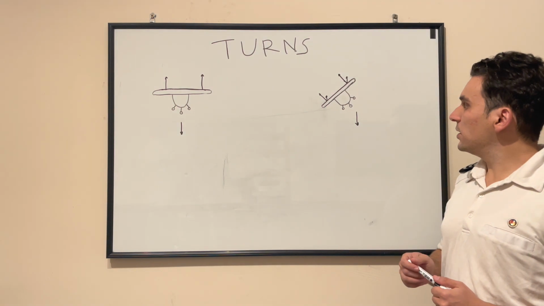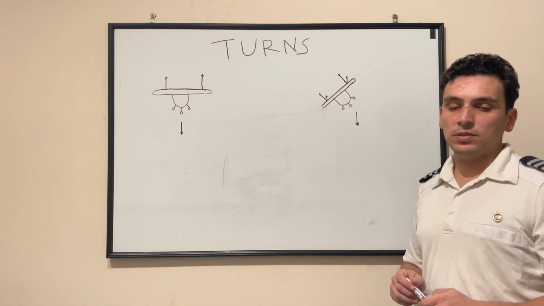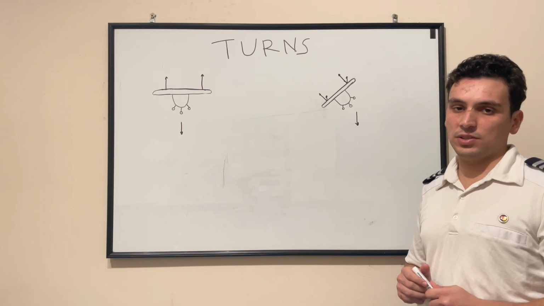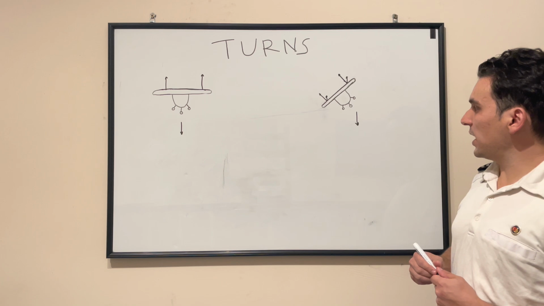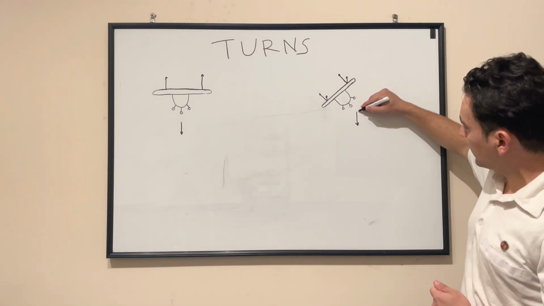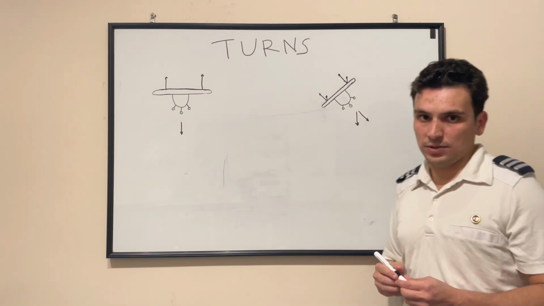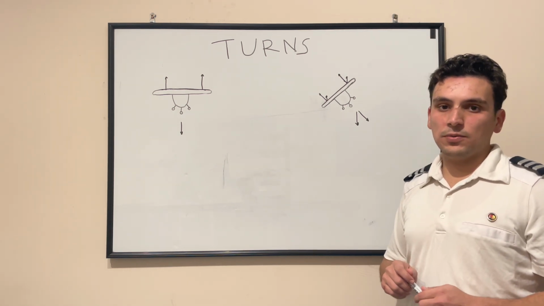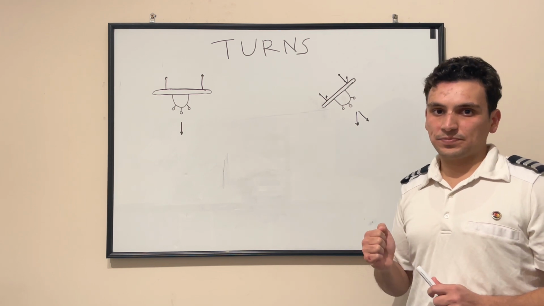And remember, Newton says that for any action, there will be an opposite and equal reaction. And when we pull the aircraft backward, we also generate the centrifugal force opposite to our turning. The centrifugal force is generated from the backward pulling.